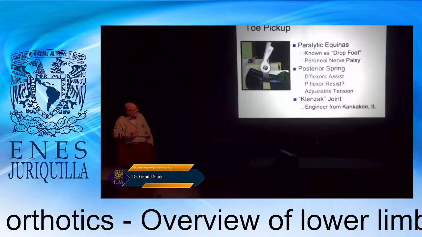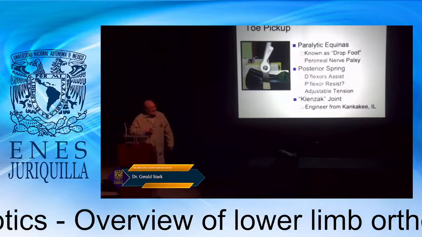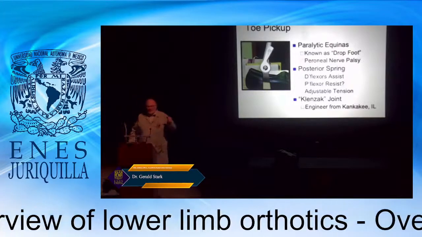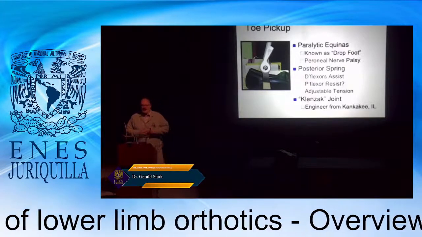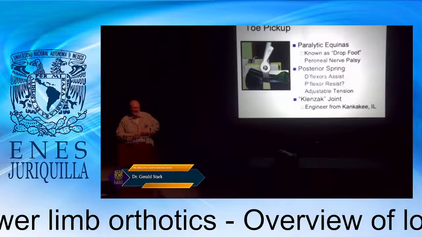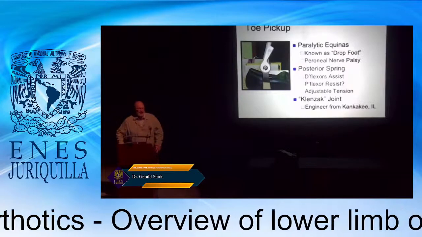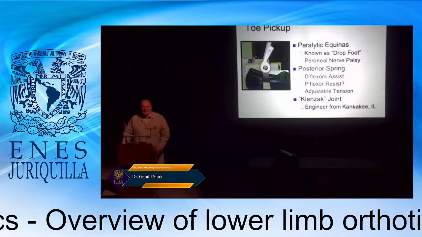So really it's to provide a dorsiflexion assist, but not a plantar flexion resist. Now, something that's new, something called a triple action from Becker, or there's another joint from Autobot called the Tango, and these have supercharged springs.